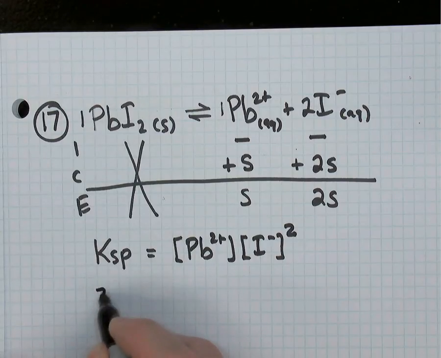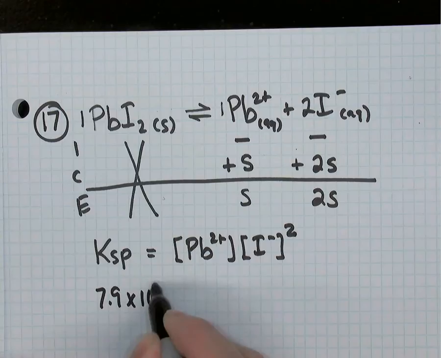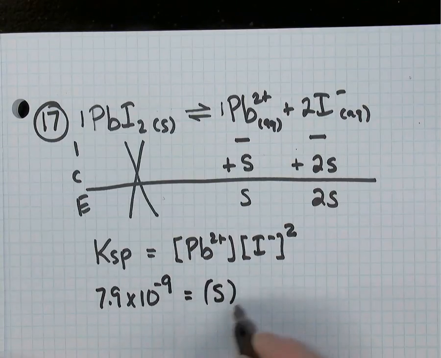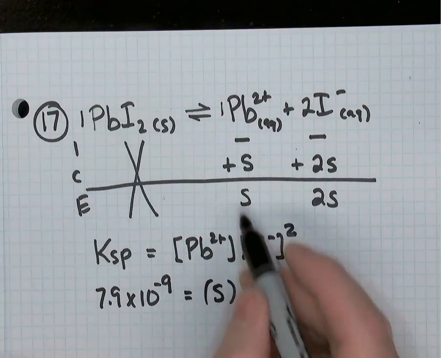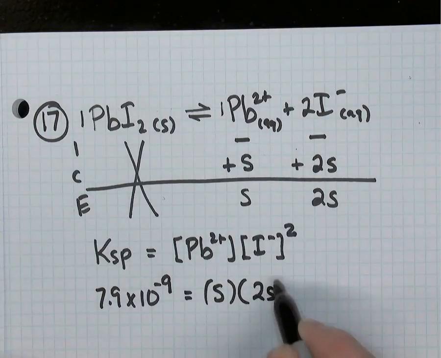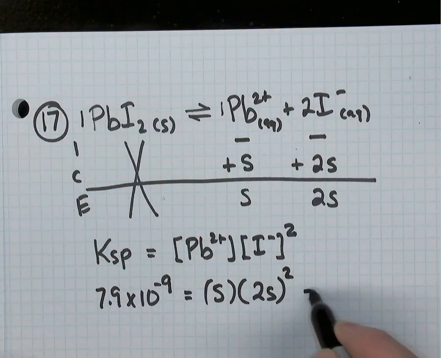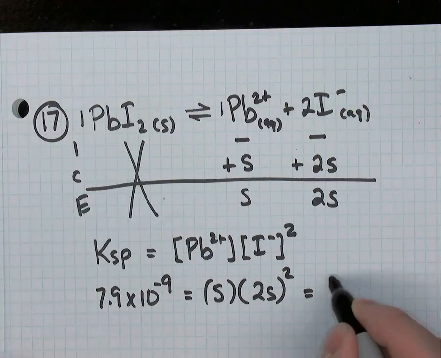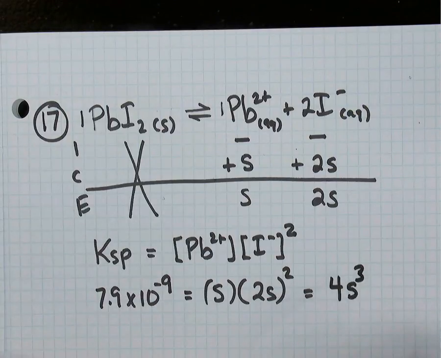It said it was 7.9 times 10 to the minus 9. And that's equal to S, concentration of lead at equilibrium, times (2S) squared. Now when you square 2S, you'll get 4S squared, and then multiplied by S out front, you get 4S cubed.